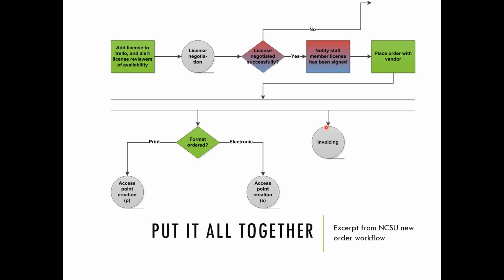And then in our process, also at the same time, invoicing is another parallel process. So we might pay the invoice before we even get access, or in some cases the vendor gives us access and then we don't pay the invoice until they send it to us. So when it comes to these three steps, we never know which one is going to happen first.